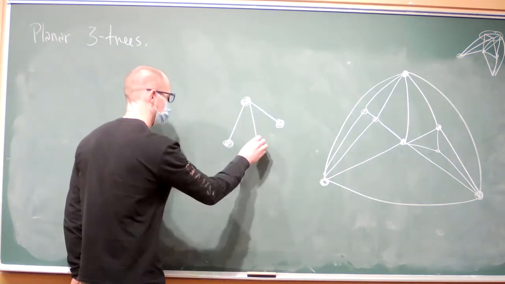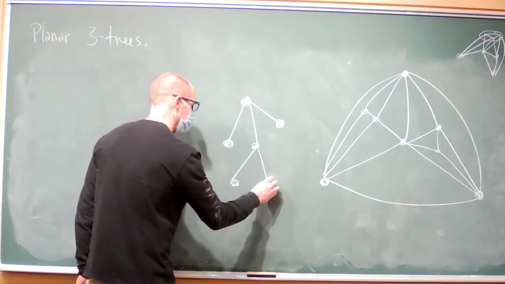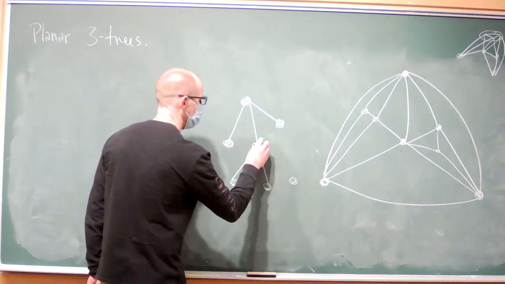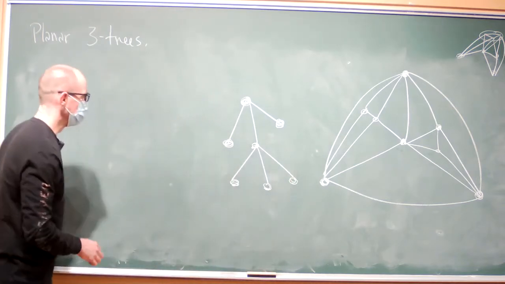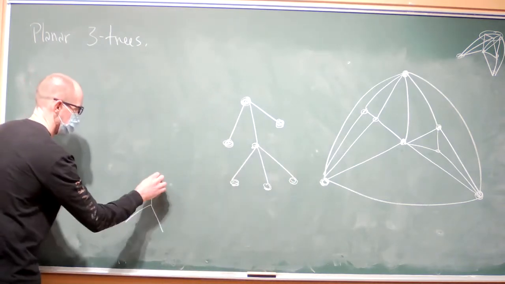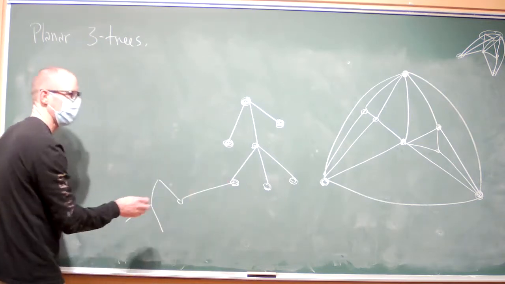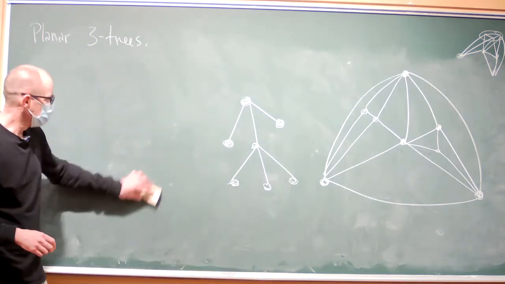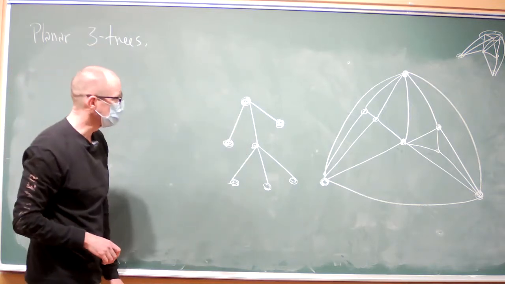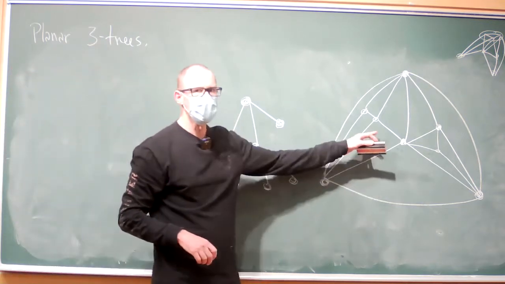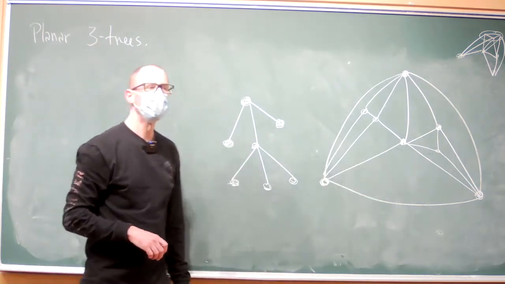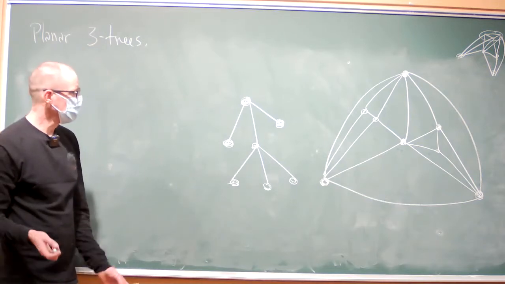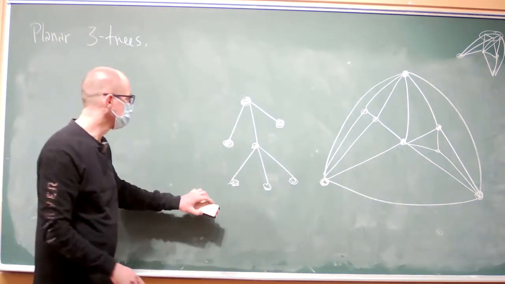Like so. You can't help but do this if you draw trees, unless you're really strange and you draw separated trees and then connect them in some way, but that's error prone. The most common thing is this incremental way of drawing trees, and the same thing's happening here with these planar 3 trees. So it's just triangles inside triangles. Okay.